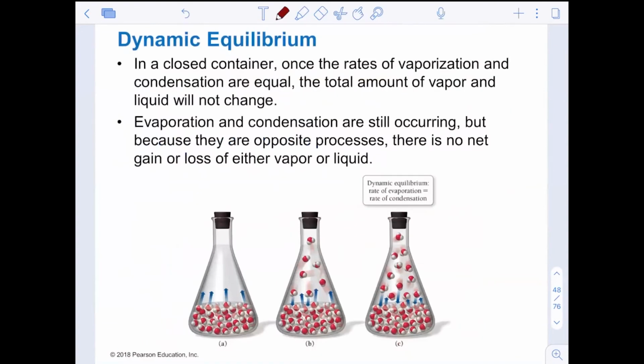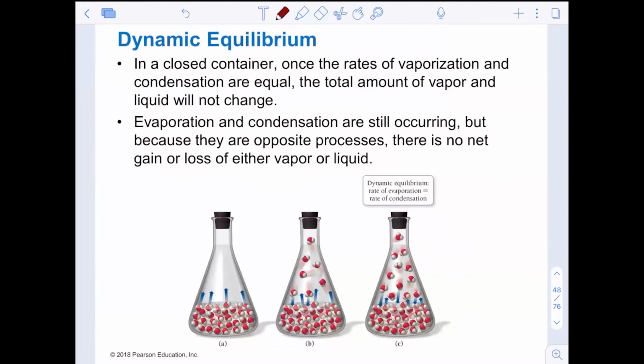Dynamic equilibrium, just explained a little bit again. In a closed container, once the rates of vaporization and condensation are equal, the total amount of vapor and liquid will not change. Evaporation and condensation are occurring, but because they are opposite processes, there's no net gain or loss of either the vapor or the liquid.